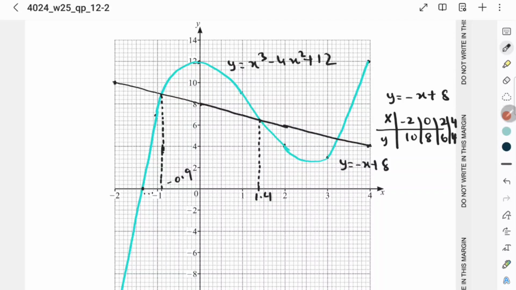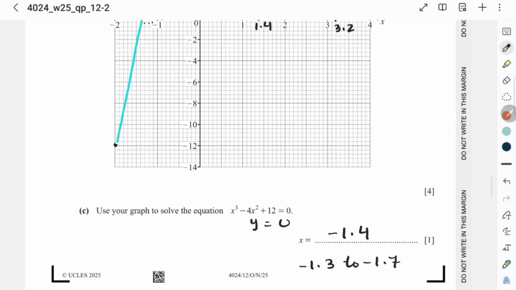And the third point is where the curve and the line meet. That is 3.2. Okay. Minus 0.9, 1.4 and 3.2.